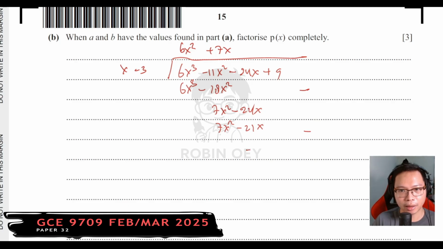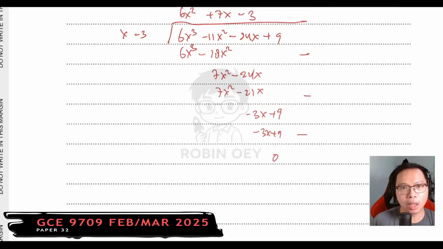So we have minus 3x plus 9, so we have here minus 3, and 0. Okay, now the quotient that we are looking for is 6x squared plus 7x minus 3, and the other factor will be x minus 3.